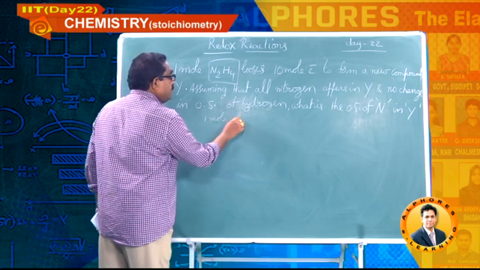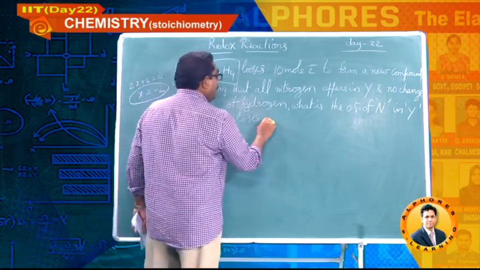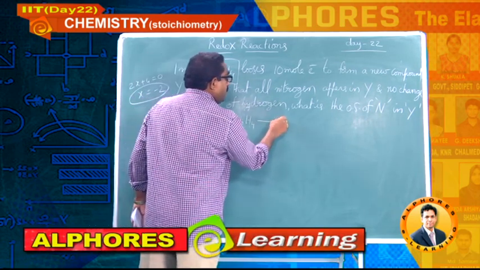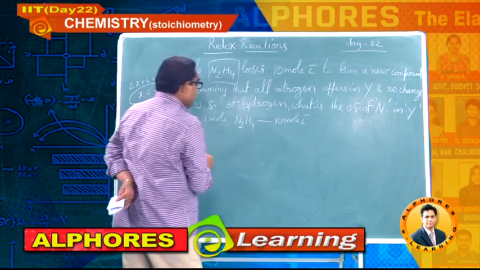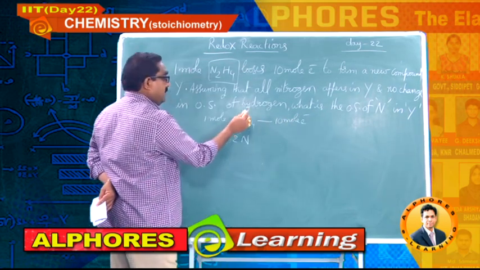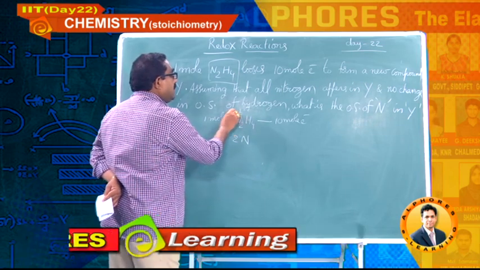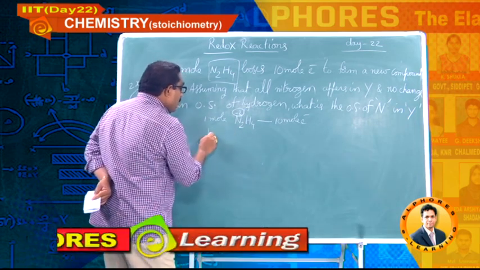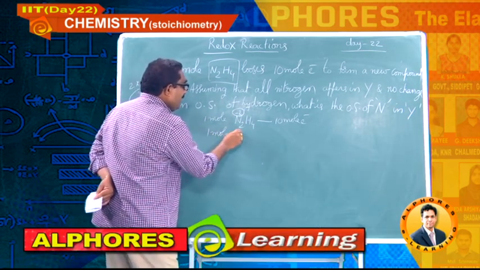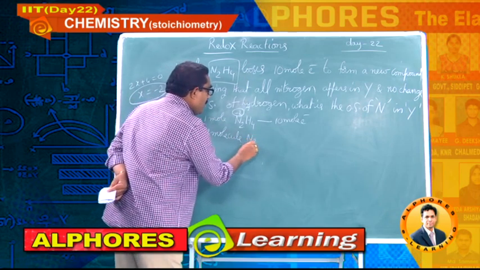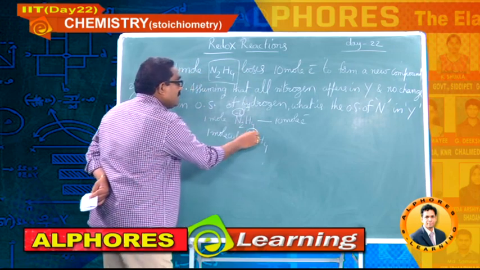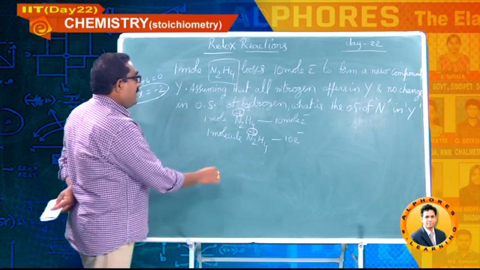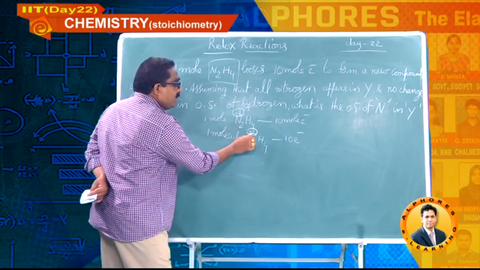I am writing here, 1 mole loses 10 mole electrons. Here oxidation state of both the nitrogens is -2. 1 molecule, mole I am cancelling. By dividing I have got a number. 1 molecule of N2H4 where oxidation state is -2 loses 10 electrons. 1 mole N2H4 means 2 nitrogen atoms.